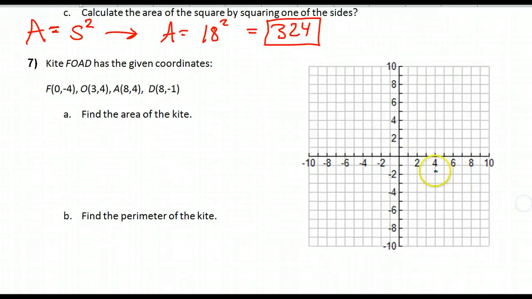Okay, last problem. Kite FOAD has these coordinates. So 0, -4. Let's go ahead and graph it. Alright, 0, -4 would be here, and that's the point F. 3, 4 would be here. 8, 4 would be here.